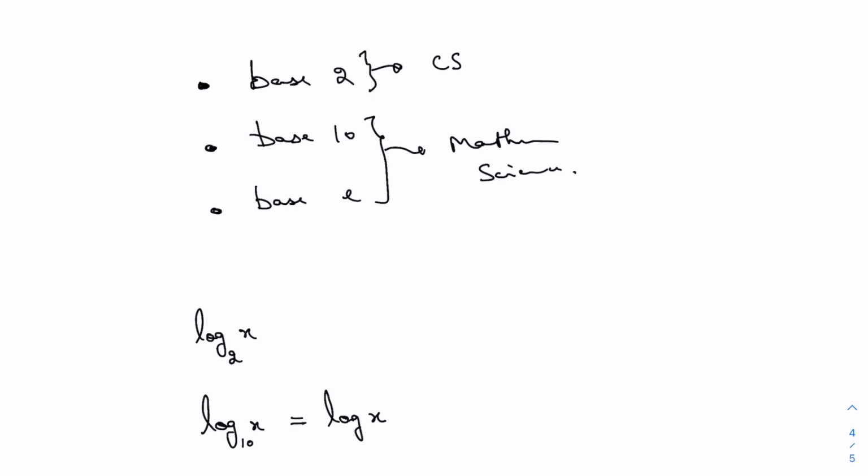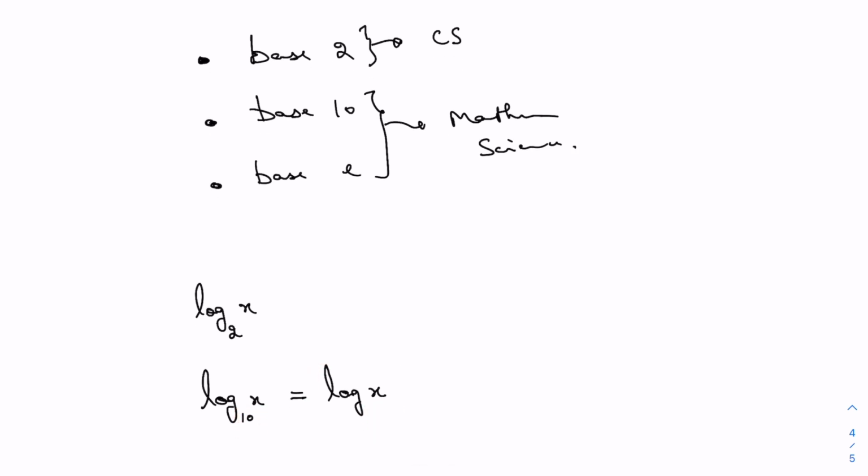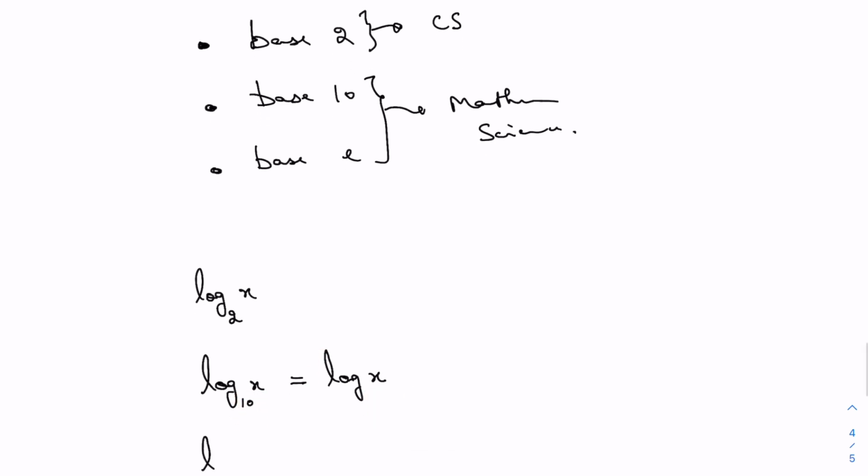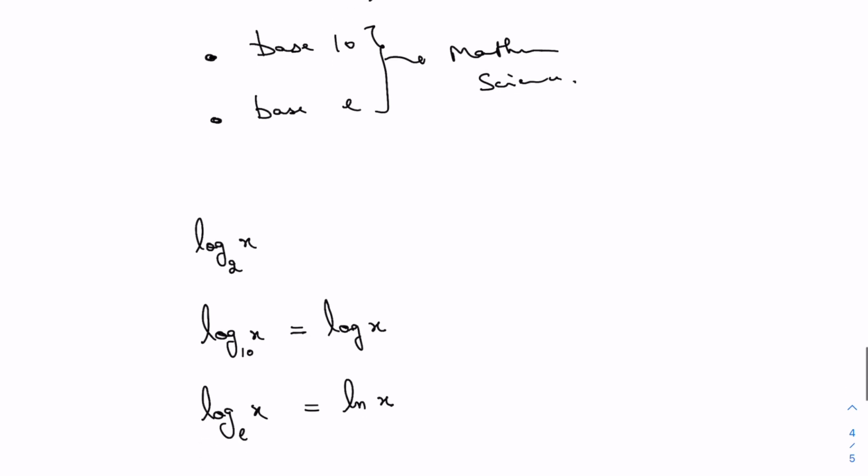So we have to be certain whenever we are writing a logarithm without its base, when the base is hidden, that would mean the base is counted as 10. So this is one particular notation, and there is another one where base is E. This is the formal way to write it, and then we tend to write it like this, ln x. Whenever we write ln x, that would mean the base is counted as E.